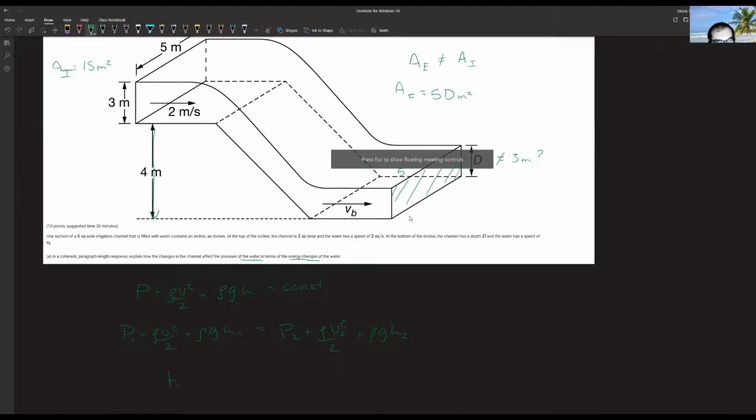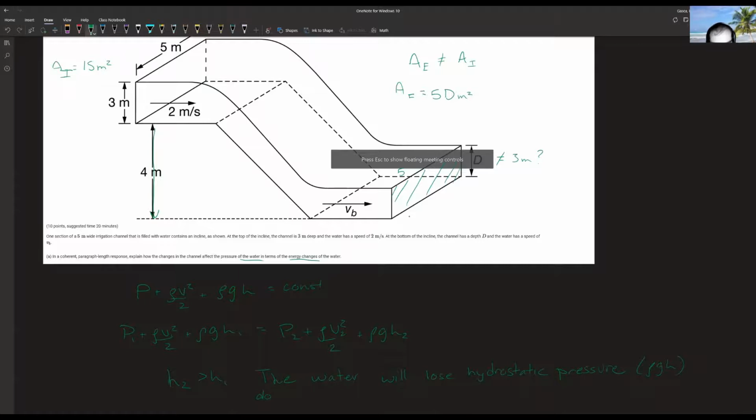Because H2 is less than H1, the water will lose hydrostatic pressure, what we call rho g h, due to a loss of gravitational potential energy.